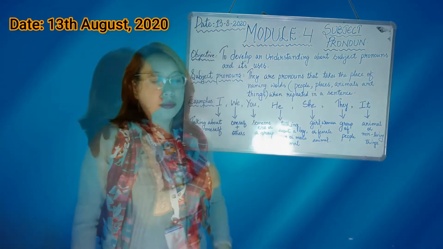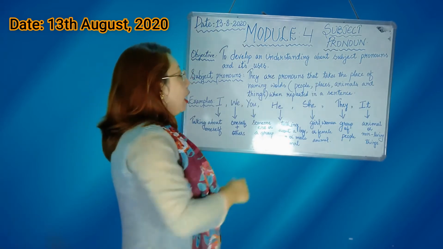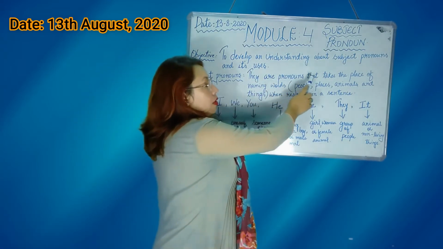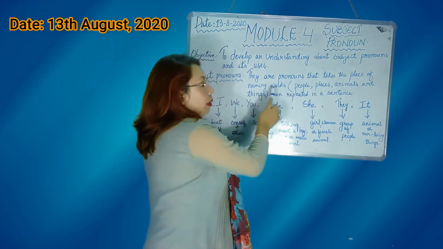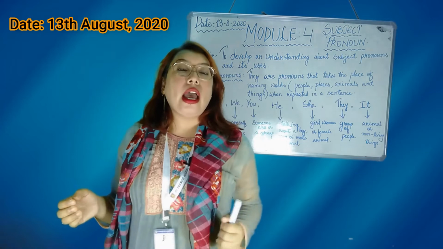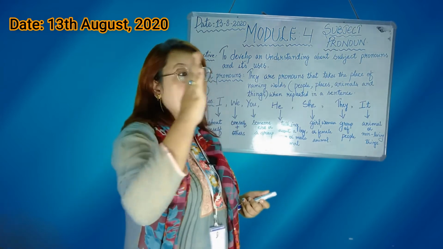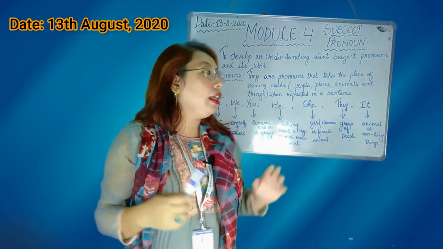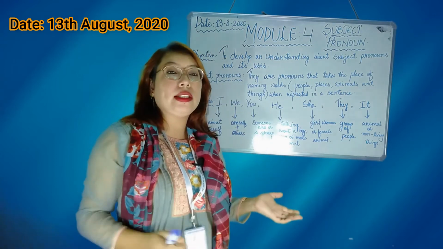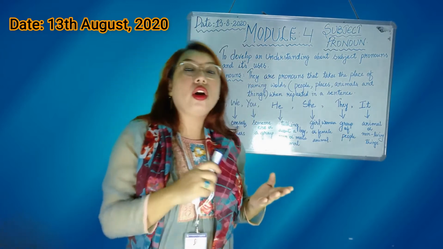Okay, students? Now, subject pronoun, you can see it on the board. They are pronouns that take the place of naming words. What are subject pronouns? They are words that take the place of a naming word. Naming word, all of you know, is the name of a person, place, animal or thing.